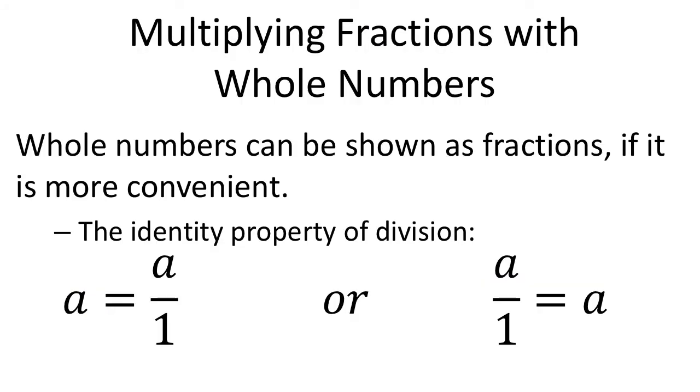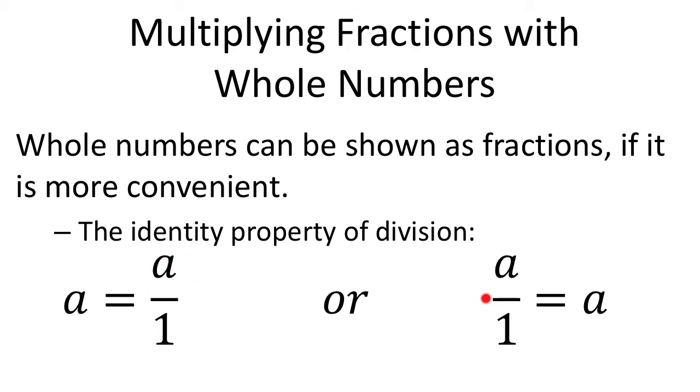All right, multiplying with whole numbers, just so you understand, whole numbers are actually fractions. They just don't usually show the fractional part of it, okay? And this is how this works: whenever you see a number standing by itself and you need, just in case you needed to apply some operations with fractions, you're welcome to show that as something over 1 like this.